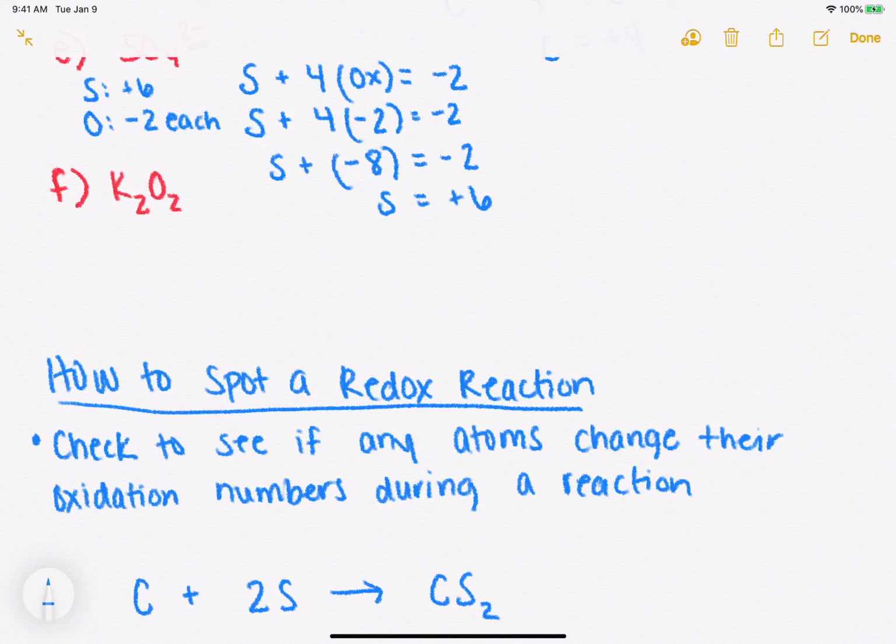And then for our last example, we have K2O2. Rule number 1, is it an atom in its free element? No. Rule number 2, is it a monoatomic ion? No. Rule number 3, the sum of the oxidation states has to equal the charge. So we have 2 times the oxidation state of K plus 2 times the oxidation state of oxygen will equal 0.